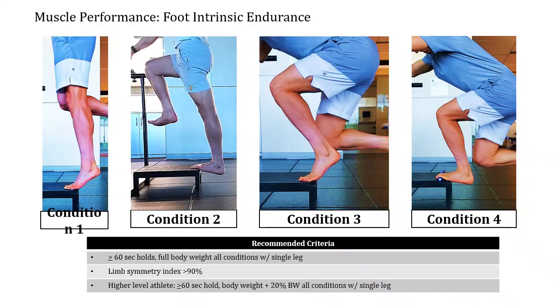The limb symmetry indices based off time should be within 10%, and your outcome is in seconds.